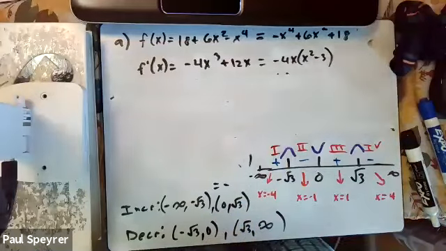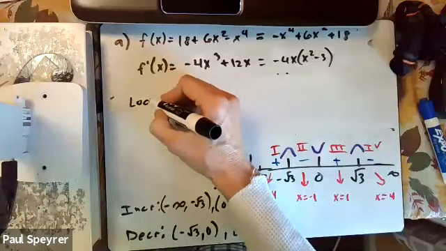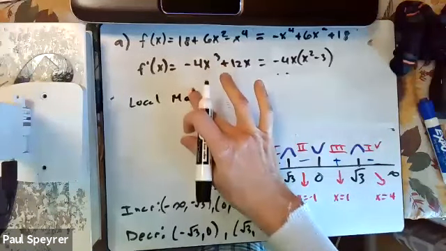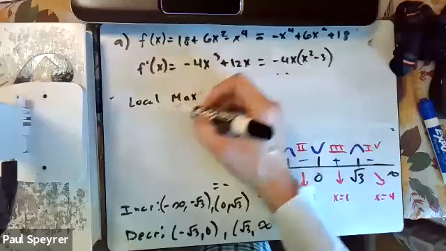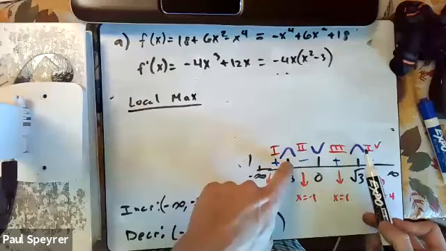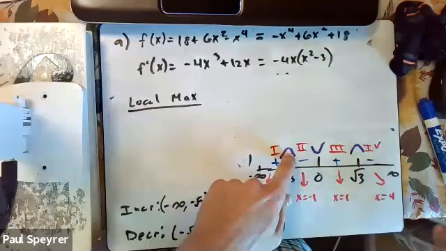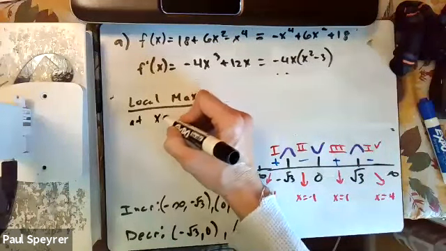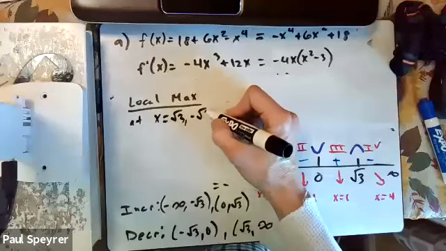So yes, we definitely have some local maxes and mins. Whenever the graph opens downward like that, that's a local max. So you have a local max at x equals √3 and -√3.